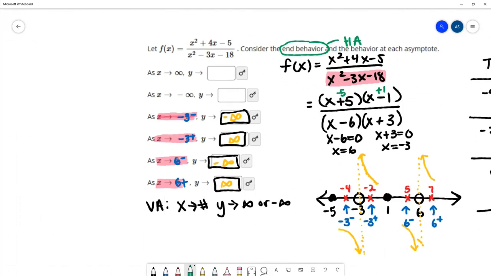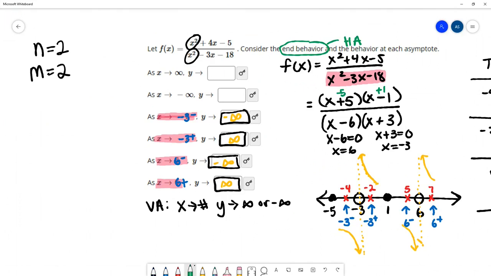And those rules are related to the degree of the numerator and the degree of the denominator. So the degree is going to be the highest power on that variable. So for this example, we have the highest power being 2 on both the numerator and denominator. The degree of the numerator is 2. The degree of the denominator is 2.